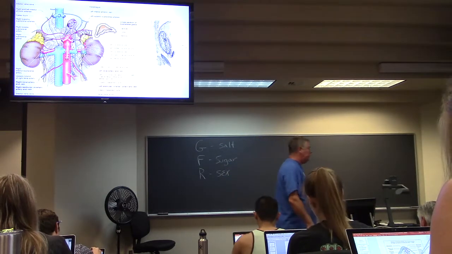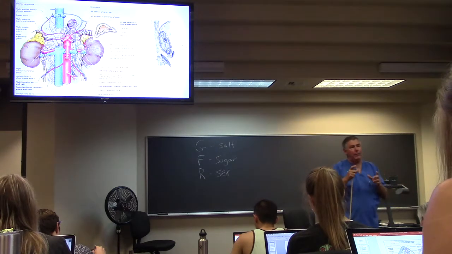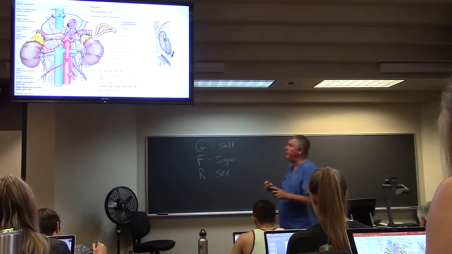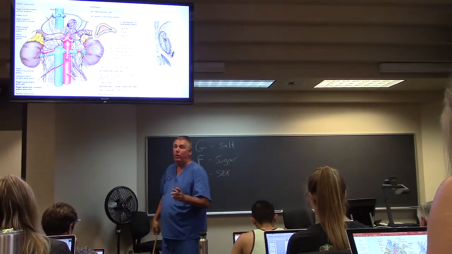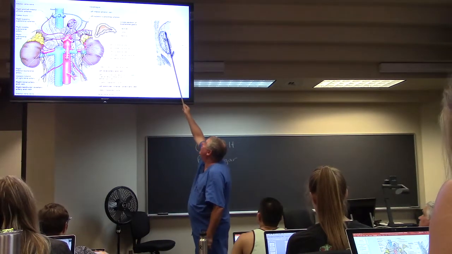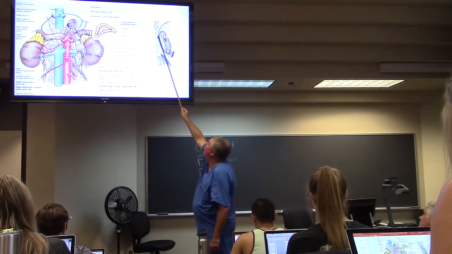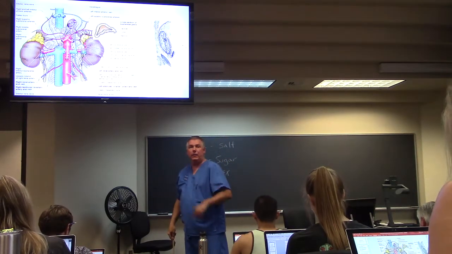In this illustration right here, the only thing I want to show is anatomically where you're going to find the adrenal glands. You know that they sit on top of the kidneys, but what you also need to know is that they are within the renal fascia. You can see the outline of the renal fascia. There's the suprarenal gland. They're within the renal fascia.